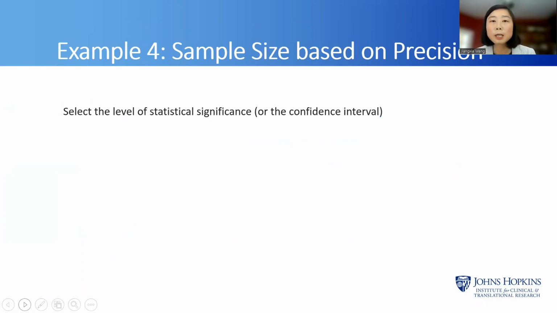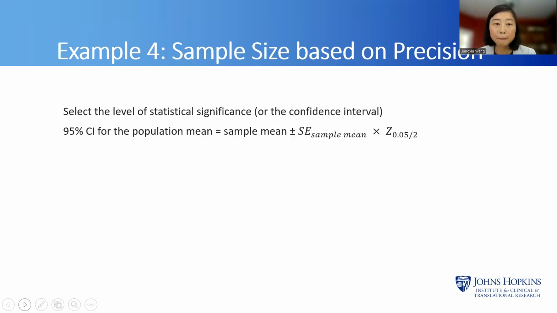For sample size based on precision, we need to select a level of statistical significance or the confidence interval. We know the 95% confidence interval for the population mean is the sample mean plus or minus the standard error of the sample mean times z of 0.05 divided by 2.